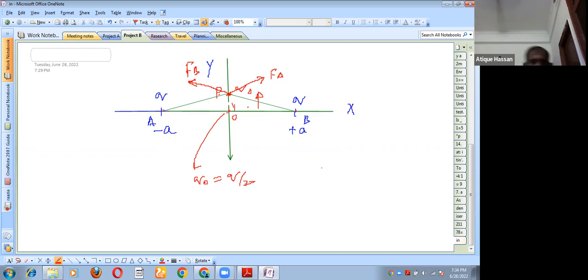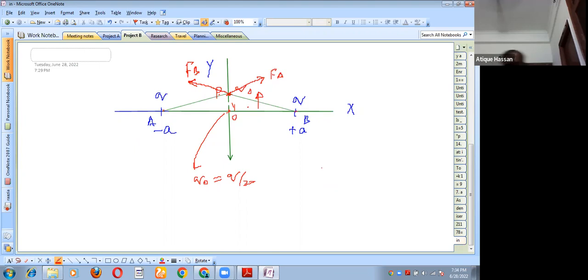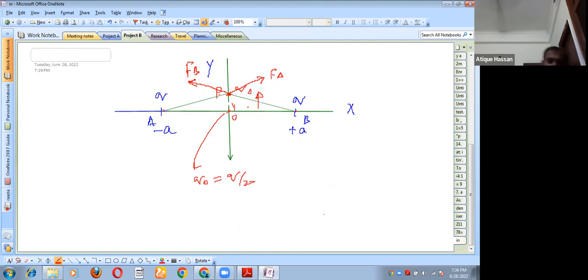Can you give some idea how to solve it, Yashika? Sir, Coulomb's law. Yeah, correct. Coulomb's law we have to use; there is only that possibility.